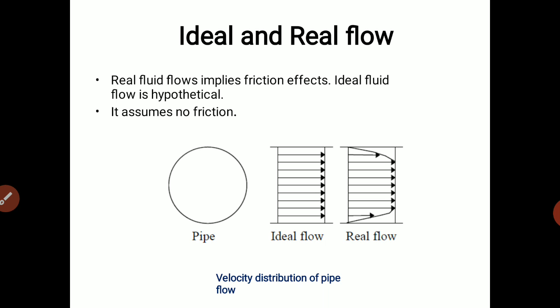And if we want to explain one theory or one principle, then we assume that the flow is ideal. By assuming that the flow is ideal, we can apply the concepts and whatever derivations we are going to impose on that particular flow. So whenever you see some principles in fluid mechanics, there is a first assumption that the flow is ideal. But ideal flow doesn't exist.